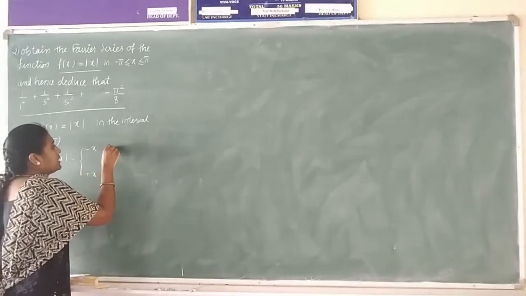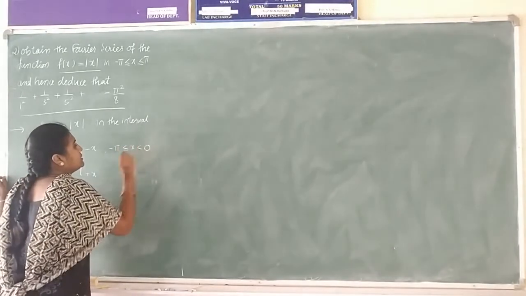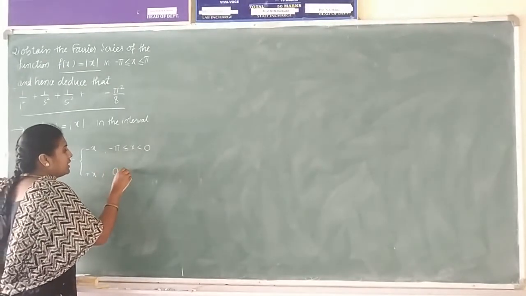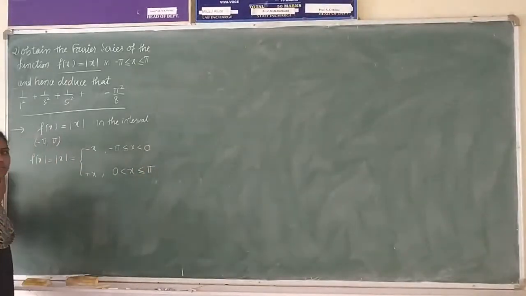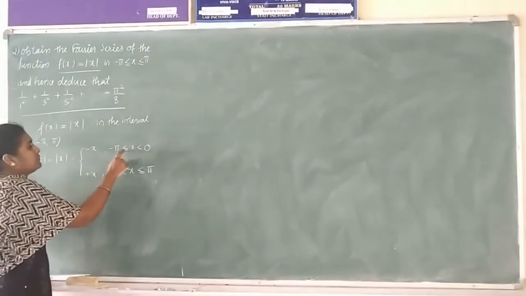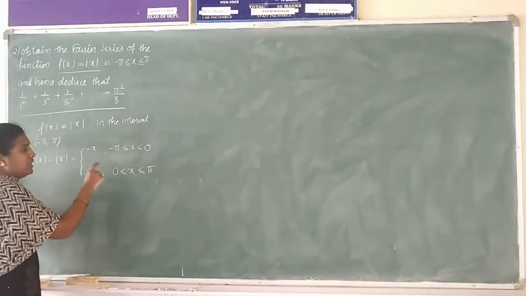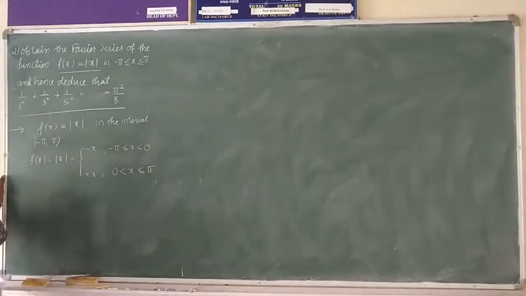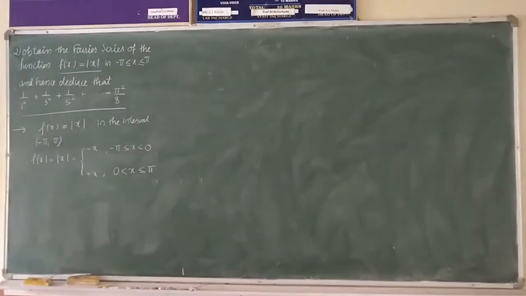Minus x means minus pi less than or equal to x less than 0, or plus x for 0 less than x less than or equal to plus pi. It means in the interval minus pi to 0, the mod x function is minus x. In the interval 0 to pi, the function is plus x. By taking this, let us find the Fourier series.